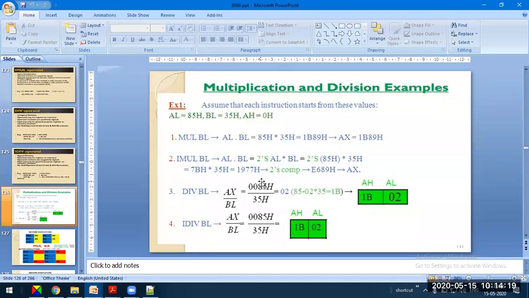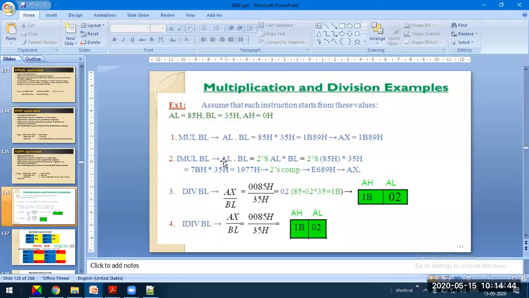As you can see, if one of the data is negative, then the result, that is the quotient, is negative, and the quotient is stored as 2's complement, because a negative number is always stored as 2's complement in processors or controllers generally.